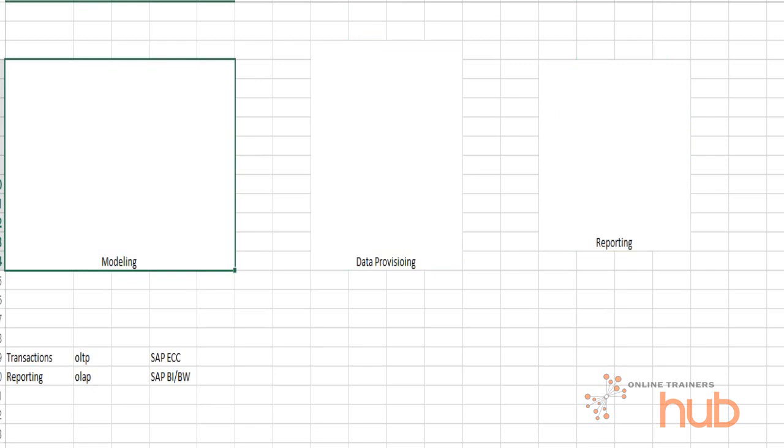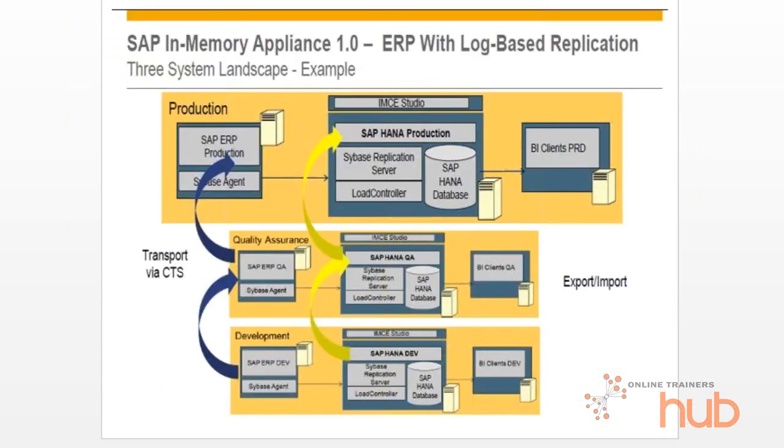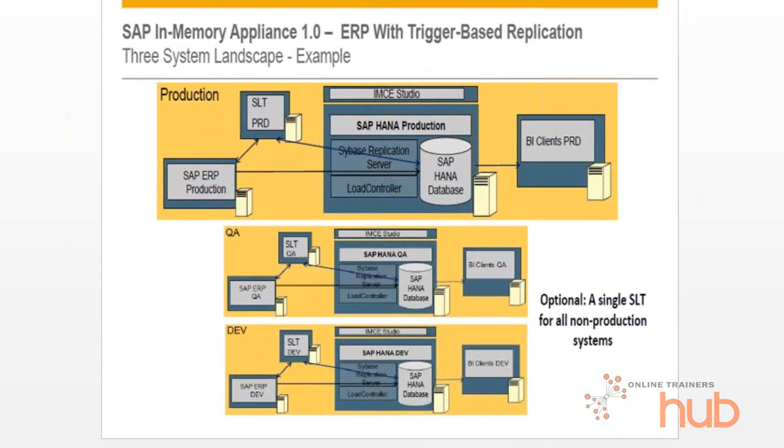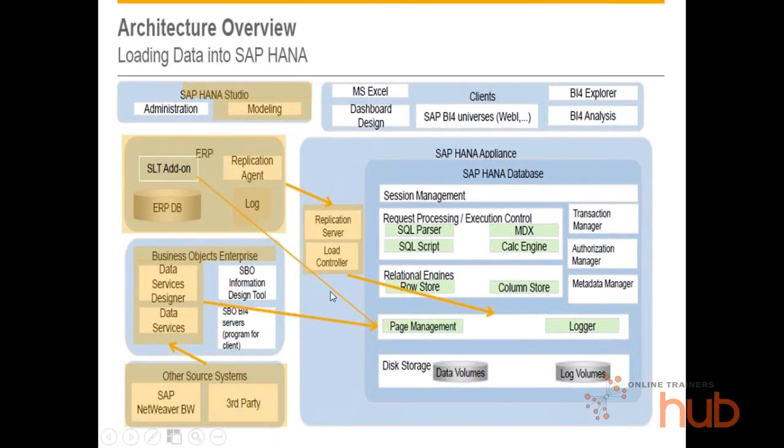That is what we generally do in this modeling. And that modeling in terms of this architecture is carried out with the studio, and we call this studio the SAP HANA Studio. This is the SAP HANA Studio that I was referring to at that point, where we do your modeling activity as well as your administrative related activities.